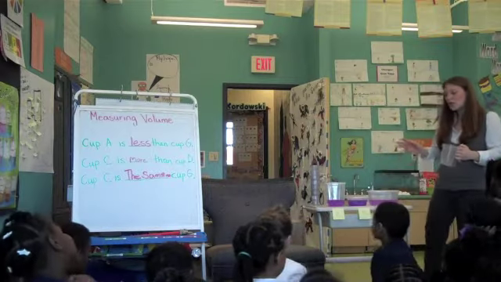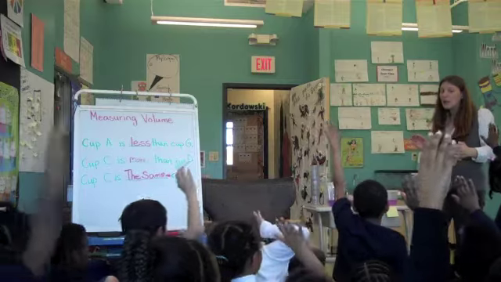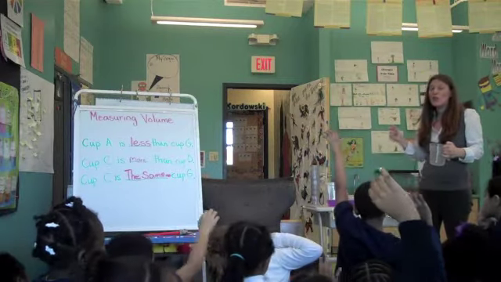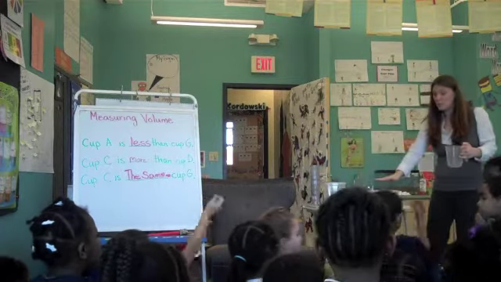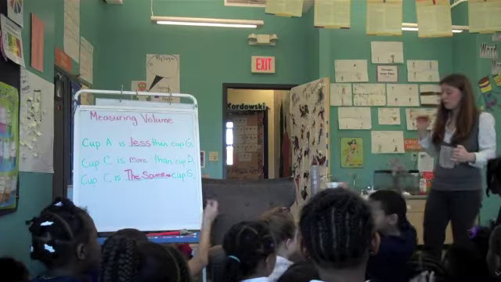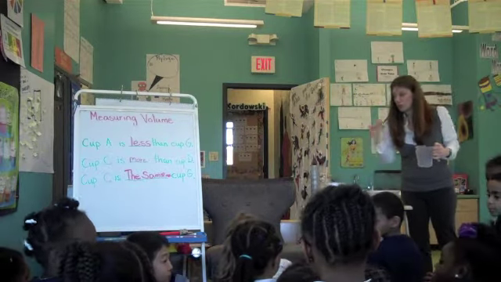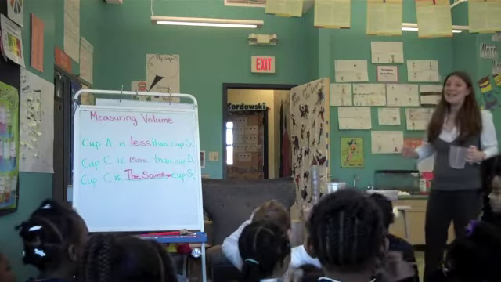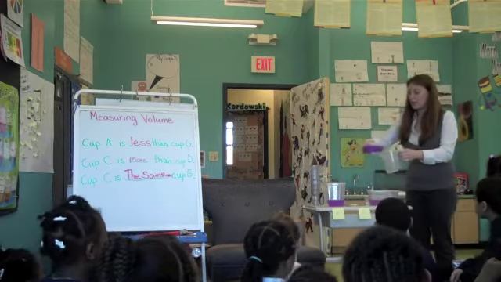Let's check. Which one should I go for first? I'm going to put my hand over a liquid. You're going to make a snapping noise with your finger if you want me to check that one first. Well, D it is. Put those snappers away and let's observe.